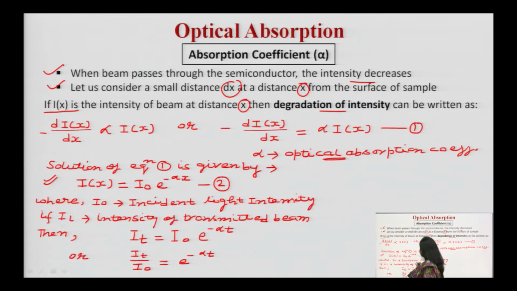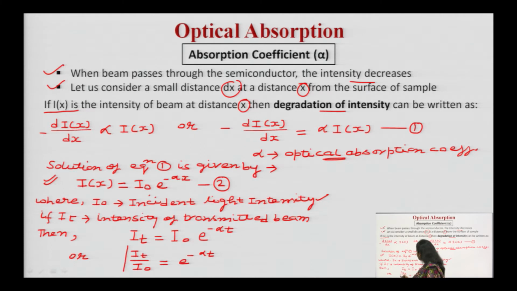I naught is the incident light intensity. If IT is the intensity of the transmitted beam, then Ix can be written as I naught e raised to the power minus alpha t.